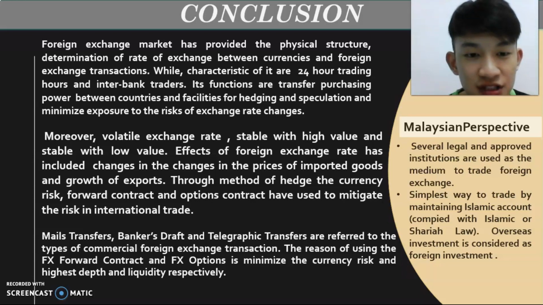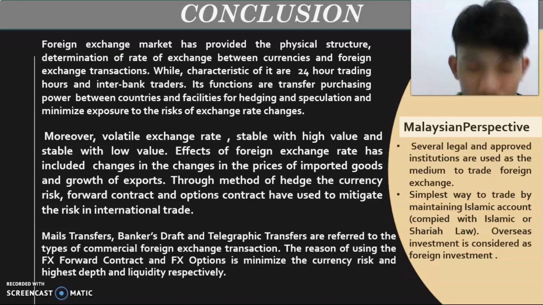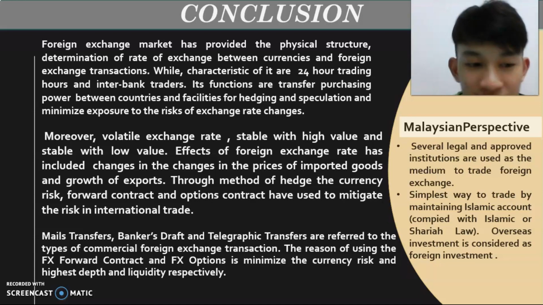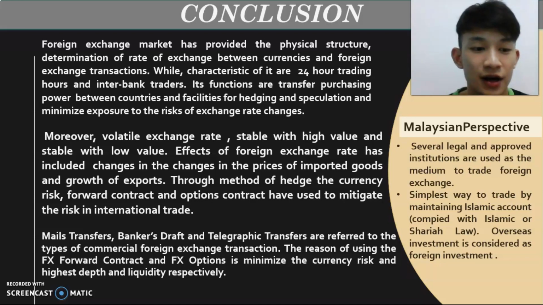In addition, the effects of foreign exchange rates include changes in the prices of imported goods and growth of exports. Through the few methods of hedging the currency rate, forward contracts and option contracts have been used to mitigate the risk in international trade.